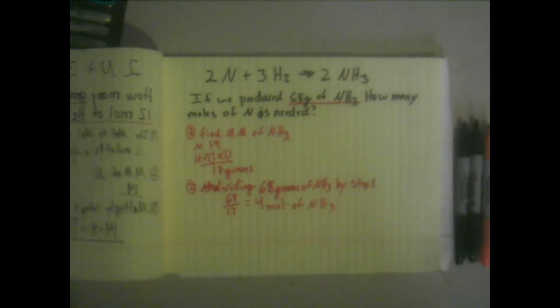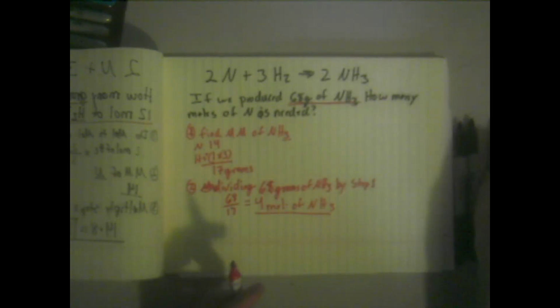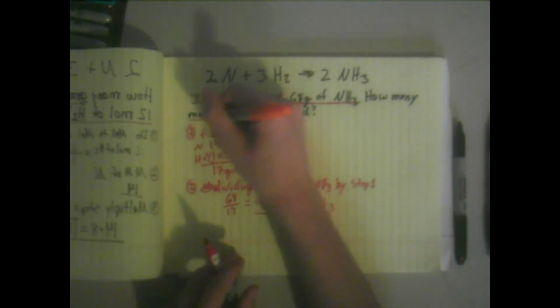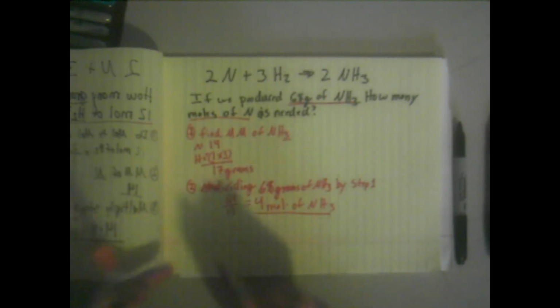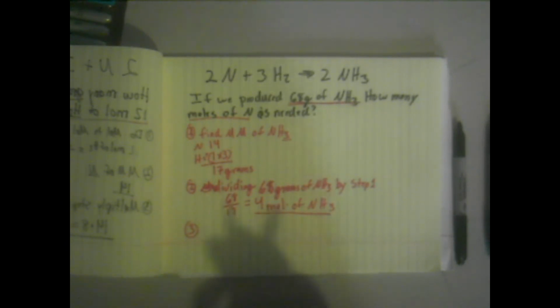And now that we're in moles, we can easily do what we did before. Now we know we had 4 moles of NH3. How many moles of N do we need now? Now for this part, we are just going to solve like we did before. So let's make our conversion factors.